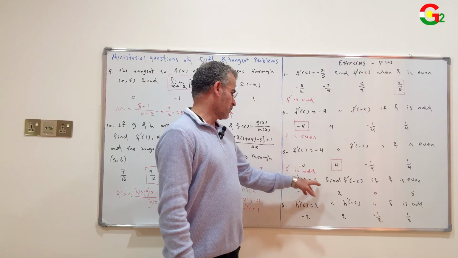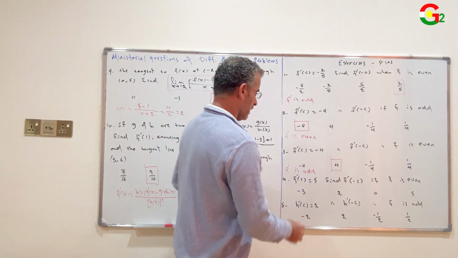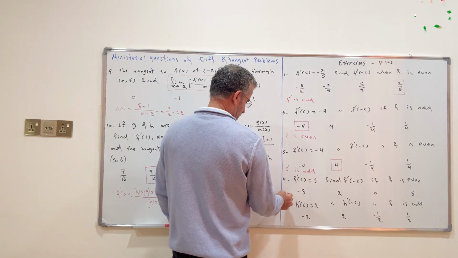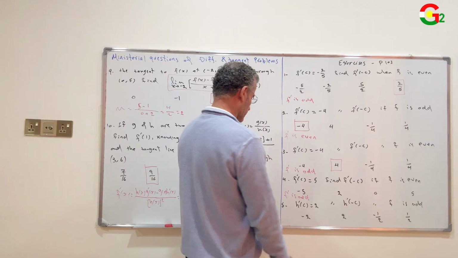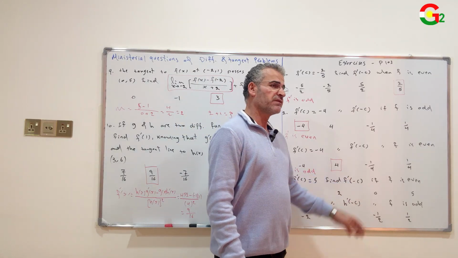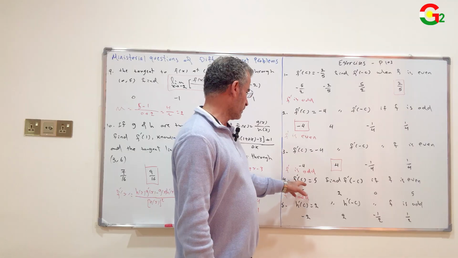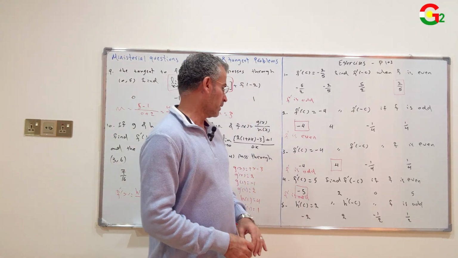F prime of c equals 5. Find f prime of negative c if f is even. F is even, it means f prime is odd. For an odd function, f prime of negative c equals negative f prime of c. So the right choice is negative 5.